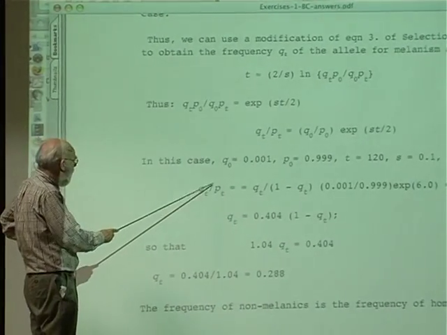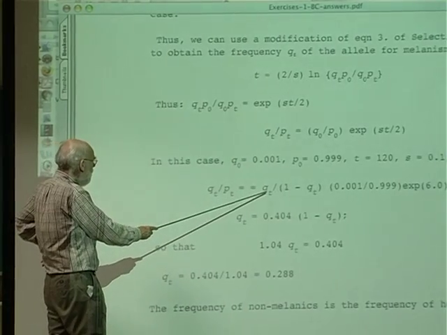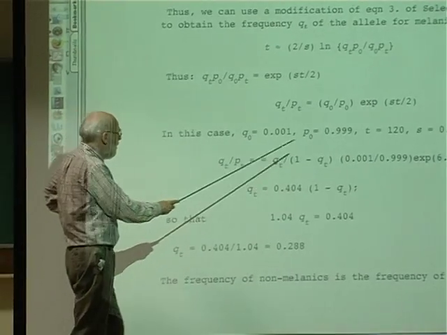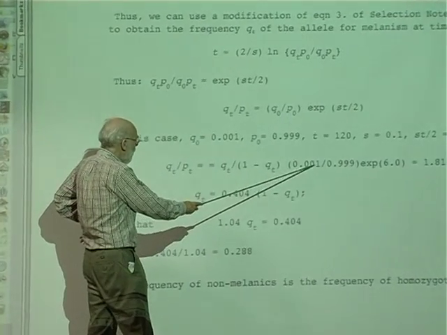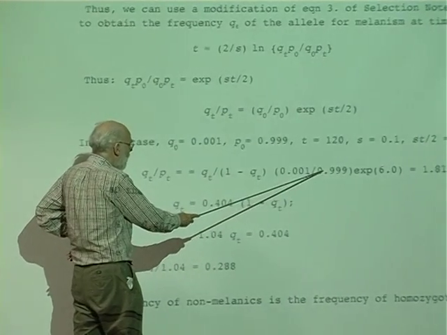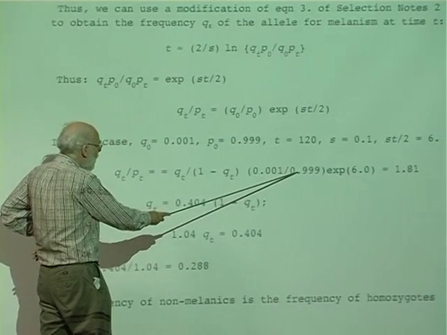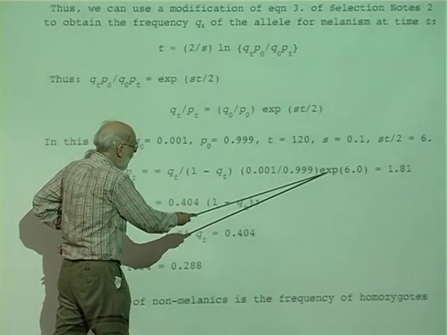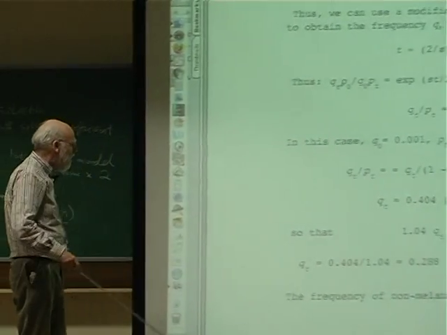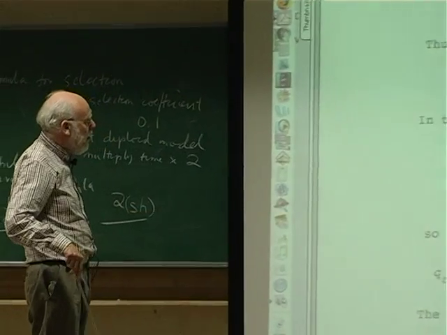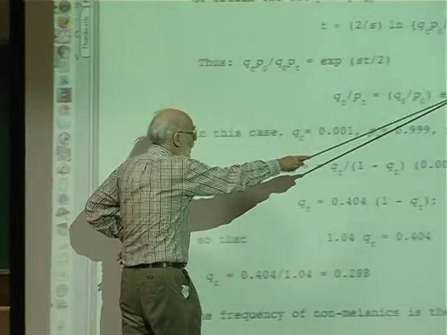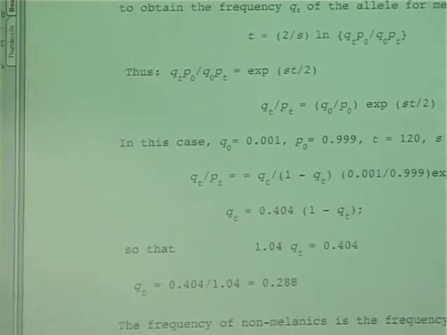So we then get q_t over p_t, which is q_t over 1 minus q_t by definition, equal to 0.001 over 0.999. That's the initial frequency q_0, and that's the final frequency p_0 of the other allele. Multiply that by the exponent of 6.0, we get 1.81. So this is just trivial numerical manipulation of the formula here. Okay?